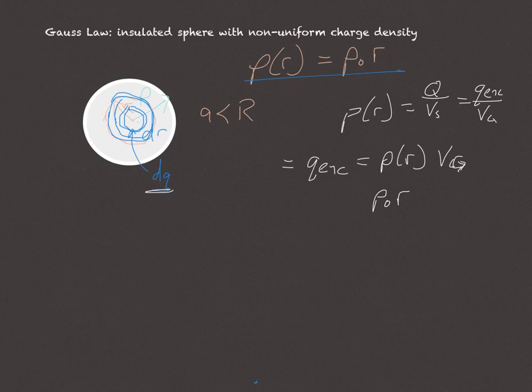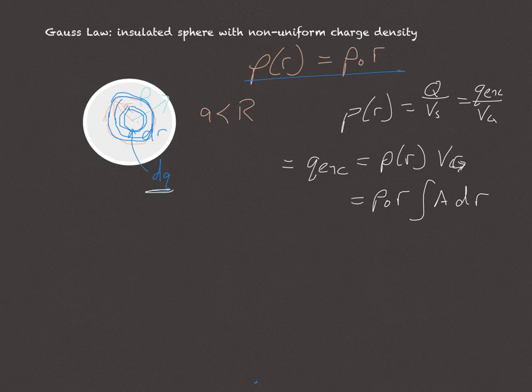And the volume of the Gaussian surface is going to be equal to the sum of all the little spherical shells. So the spherical shells have a surface area, and a thickness dr to get the volume of that shell.